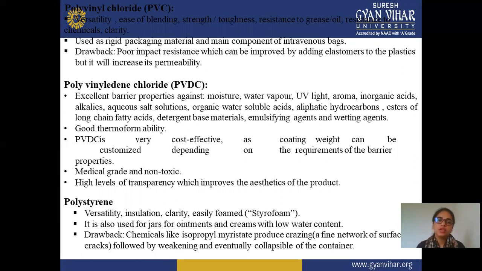So PVC is mainly used for packaging intravenous bag type formulations. The next drawback of PVC is poor impact resistance, which can be improved by adding an elastomer to the plastic, but this will increase its permeability. Hence it has poor impact resistance, but you can improve it with the help of an elastomer. But when you add the elastomer, it increases permeability.